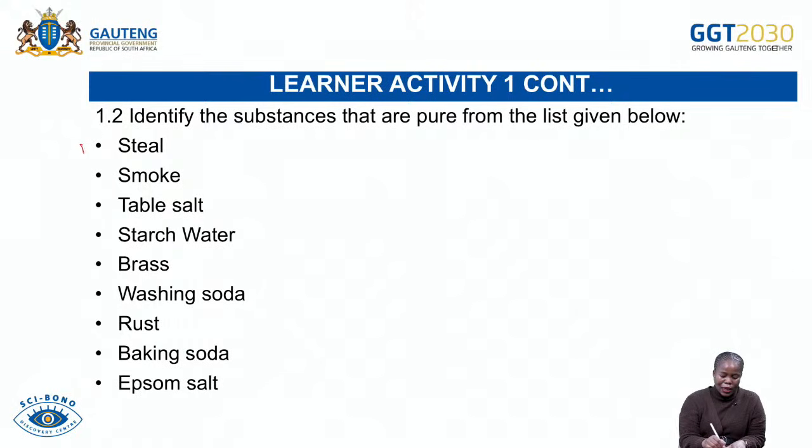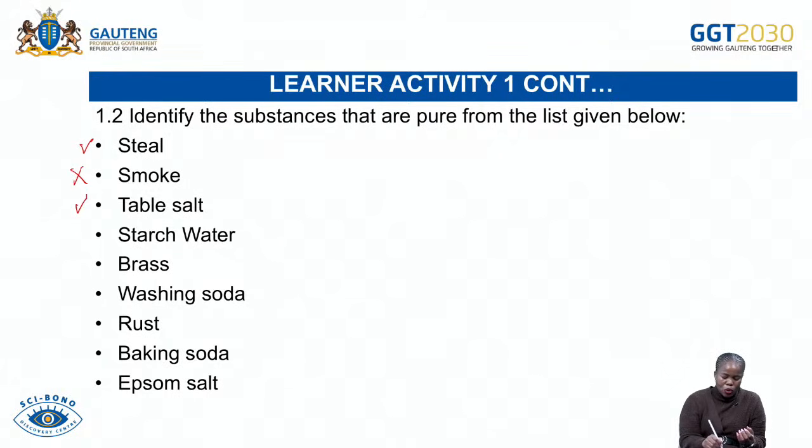So we can take the steel, we can take the table salt, because it is your sodium chloride. It exists in its purest form because it's the simple type. You cannot break it down even further. Starch water, not so much, because now there's a mixture of starch and water.